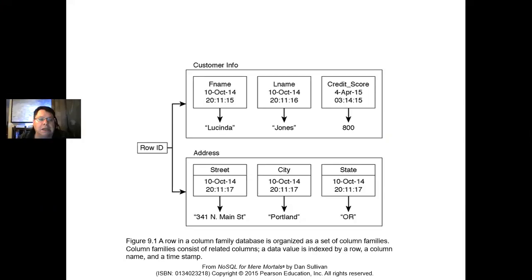As a matter of fact, many column family, air quotes, databases are increasingly being referred to as hybrid databases because they can be used and configured more like a column family database or more like a key value store, and so they're quite flexible.